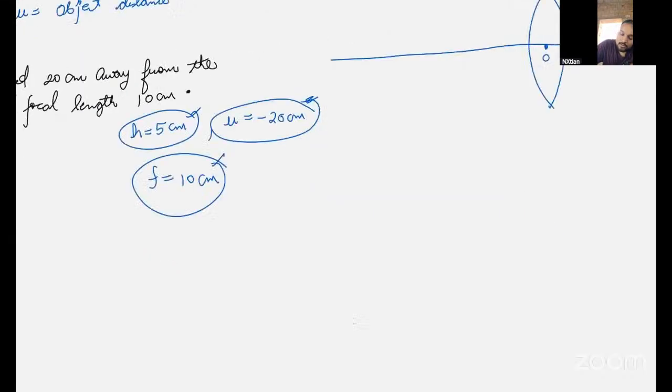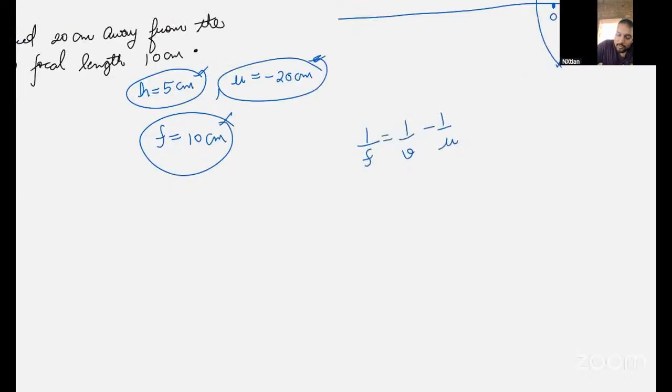So we have the formula 1 upon f is equal to 1 upon v minus 1 upon u. I'll put the values: 1 upon 10 is equal to 1 upon v minus of 1 upon minus 20. Why minus 20? Because the value of u is minus 20. This will go subtract.